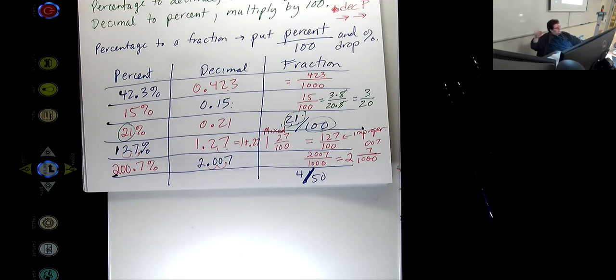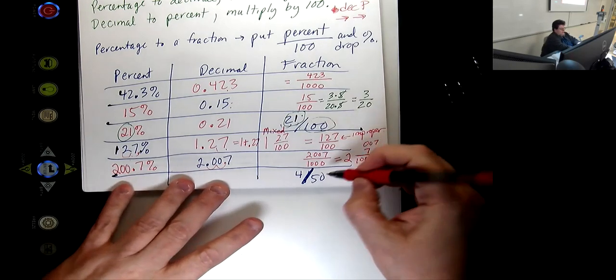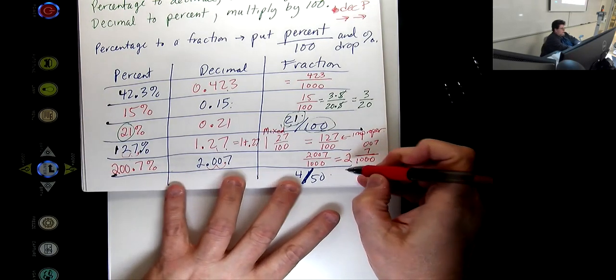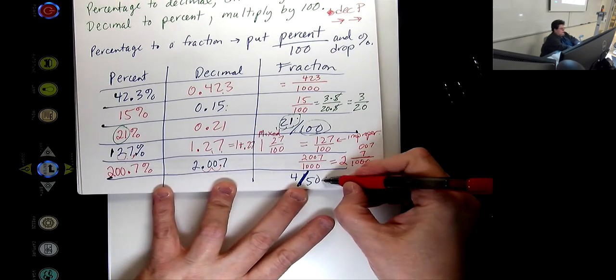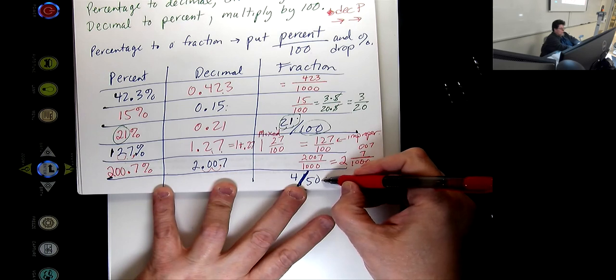And the last one can be tricky, but if you're using a calculator, it's not too bad. You could just do 4 divided by 50 and jump straight to it. Another thing I can recognize, if you want to learn something that might go quicker: hopefully everyone's comfortable with 50 times 2 is 100.